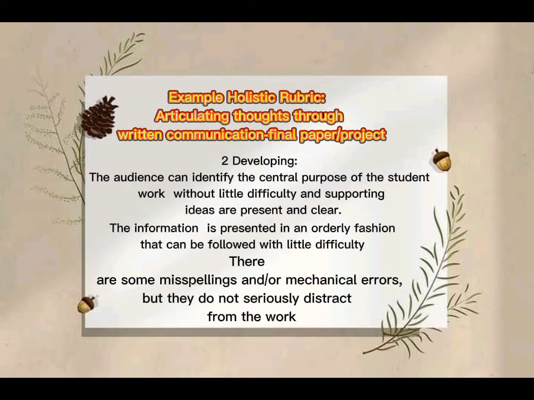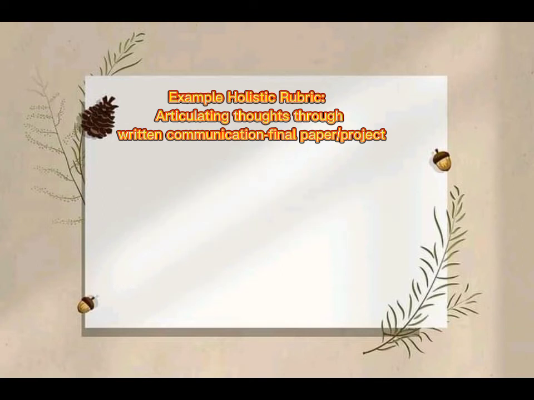Developing. The audience can identify the central purpose of the student work without little difficulty, and supporting ideas are present and clear. The information is presented in an orderly fashion that can be followed with little difficulty. There are some spellings and or mechanical errors, but they do not seriously distract from the work.